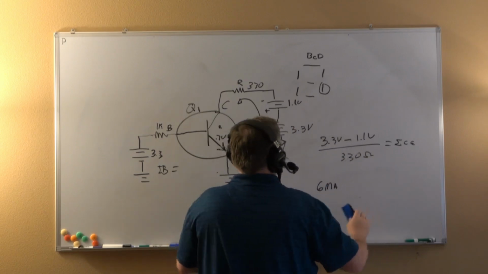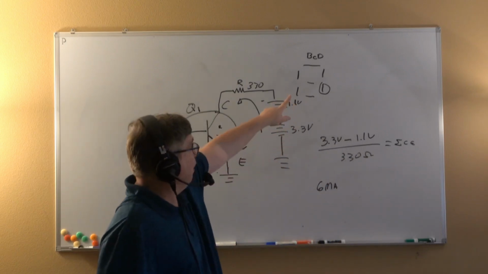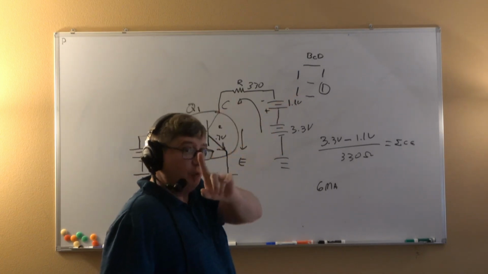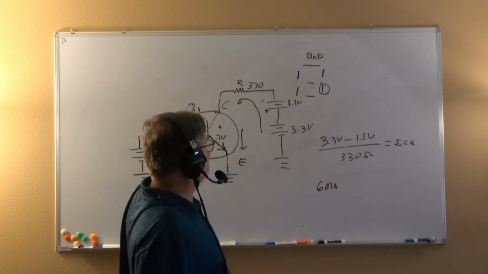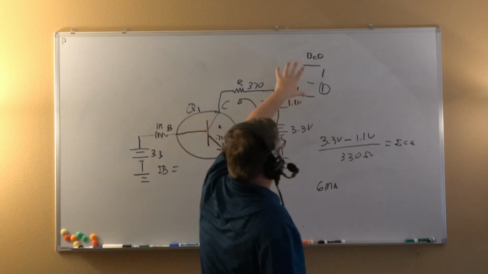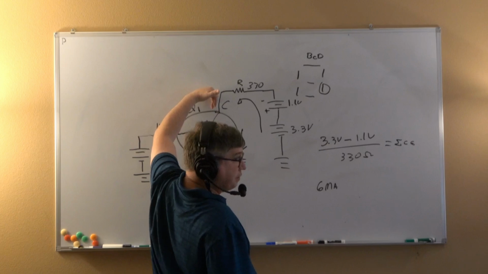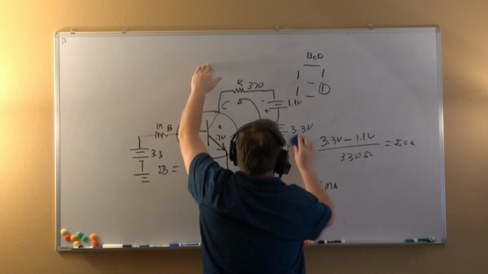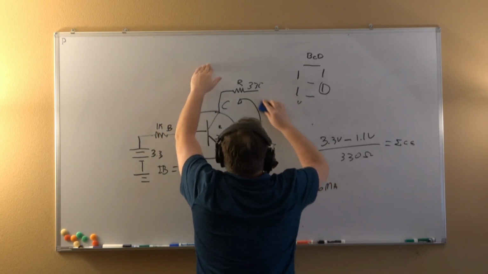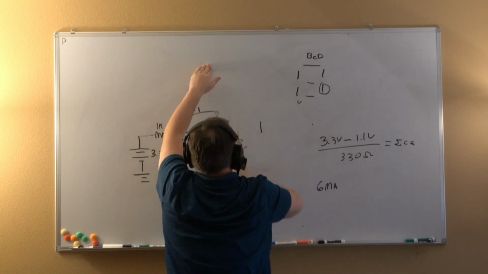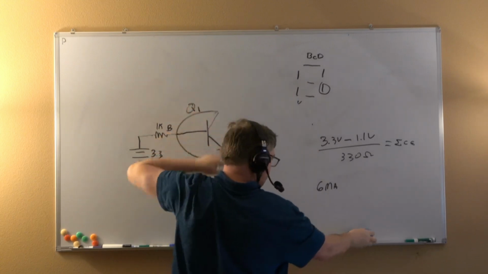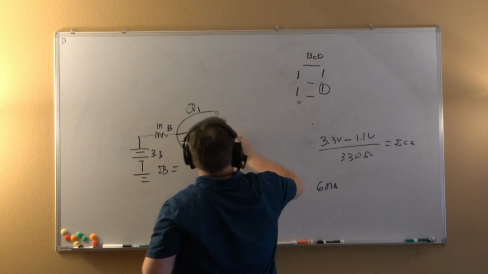Let's go ahead and erase this. So 6 milliamps if only one thing is on. But we have a worst case scenario if all of it's on. So if all of these are on, all this current is going to flow into this one transistor.